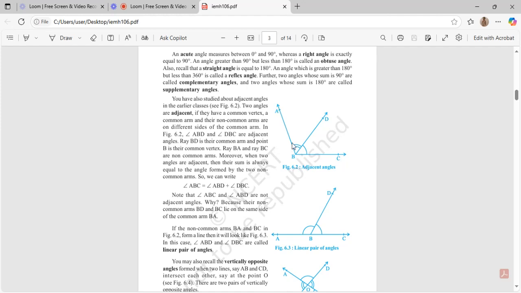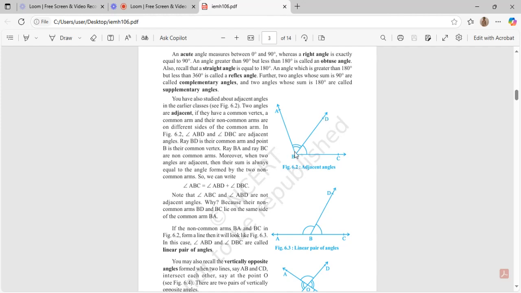Here ABD and DBC are two angles combined together. That means they have a common vertex and a common arm. The common vertex is B and the common arm is BD.